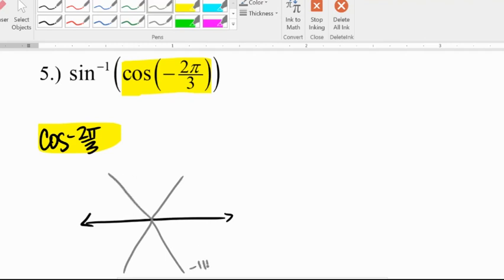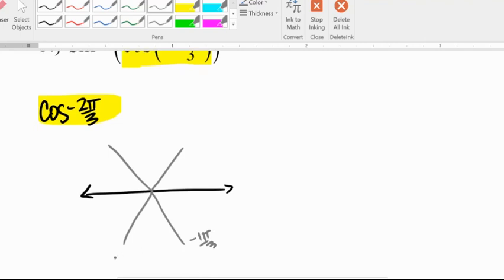So negative 1 pi over 3 would be right here, negative 2 pi over 3. This would be negative 3 pi over 3, etc. Okay, so here's your angle. But we want to draw our special right triangle from the terminal side to the x-axis. So that's your 90-degree angle. This reference angle is pi over 3 because negative 2 pi over 3 is 1 pi over 3 away from negative 3 pi over 3.